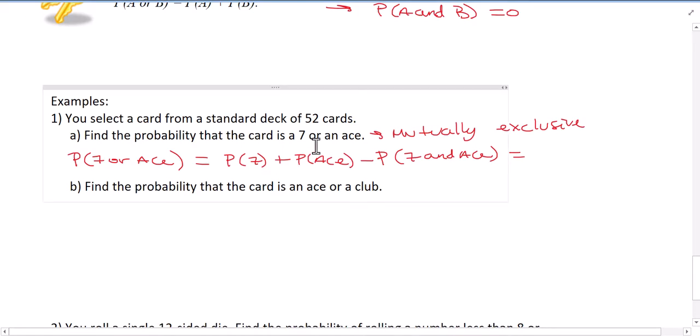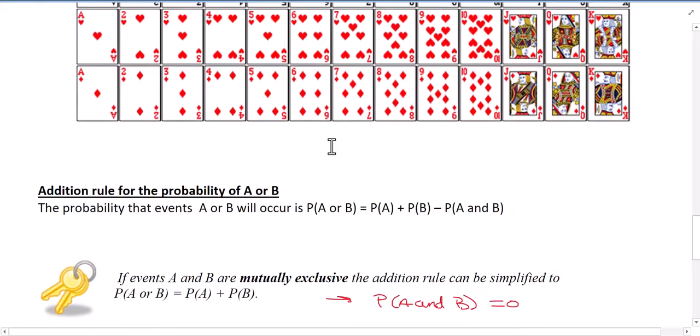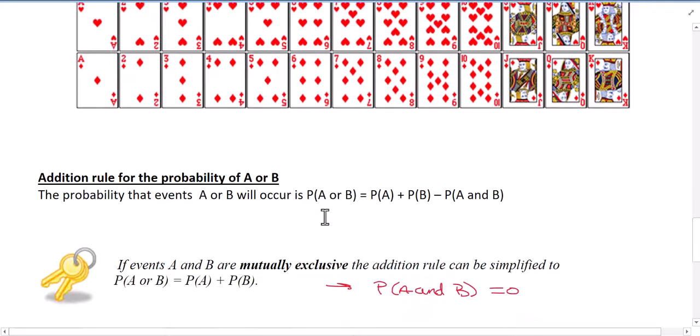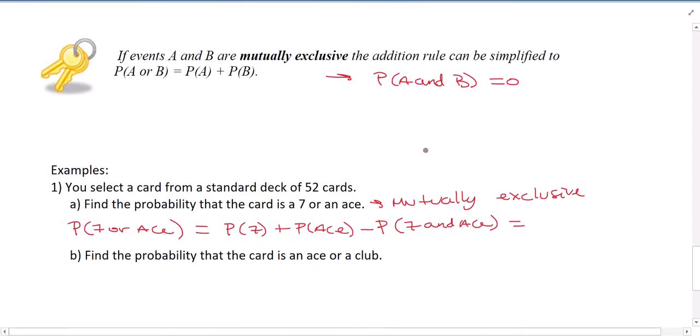So what is the probability of getting a 7 in the standard deck of 52 cards? There are 4 7s. So 1, 2, 3, 4 out of 52. The probability of getting a 7 is 4 out of 52. The probability of getting an ace is also 4 out of 52. And the probability of getting 7 and ace is 0 because they are mutually exclusive.